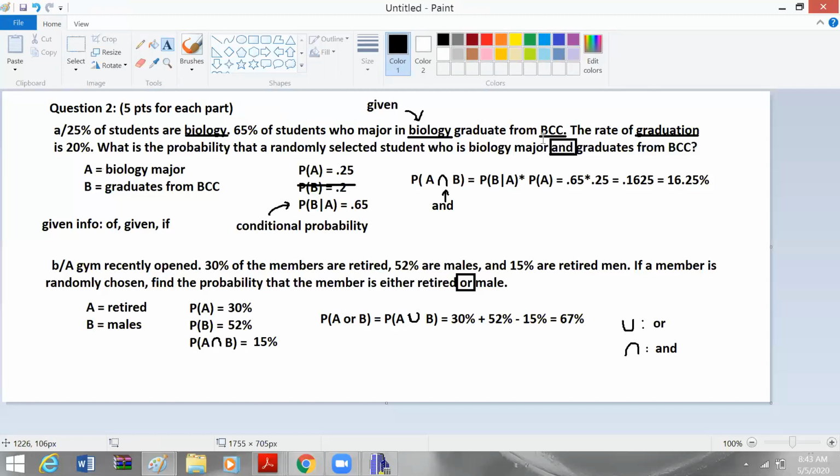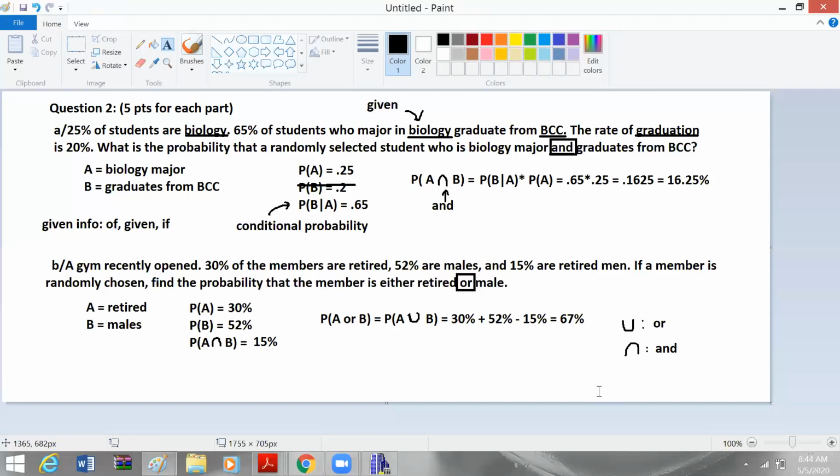This is also the graduations, but those coming from the biology majors; this is the graduations coming from the entire school campus. That would be 20%. So we're going to get rid of that. And then we multiply 65% and 25%. Before we multiply them, we need to convert from percentage to decimal number. And then we're going to get a final answer, which is 16.25.